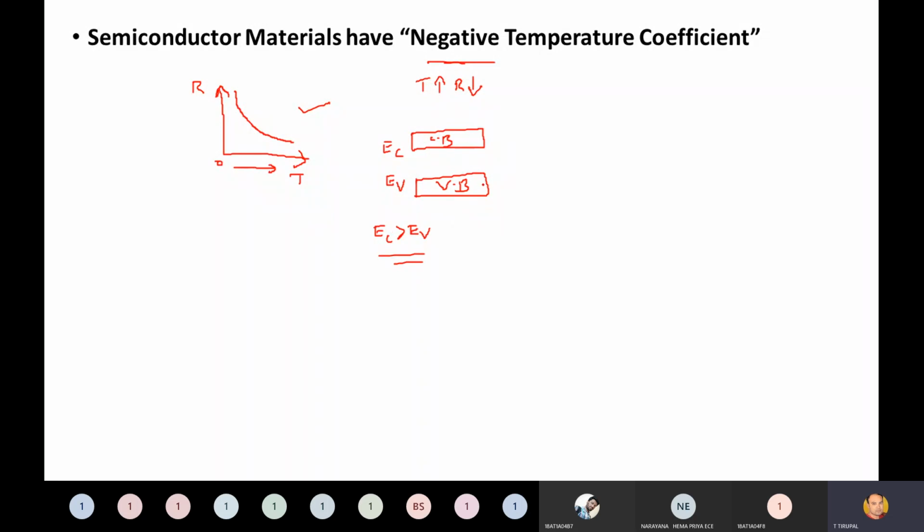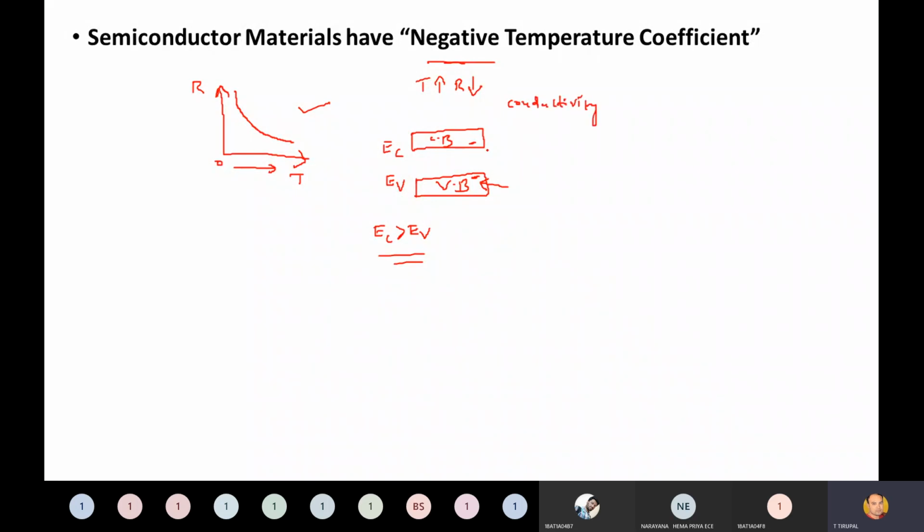Here electrons are present. When I give some external energy, the electron jumps to the conduction band and in turn creates a current. Current is created, which means conductivity takes place.